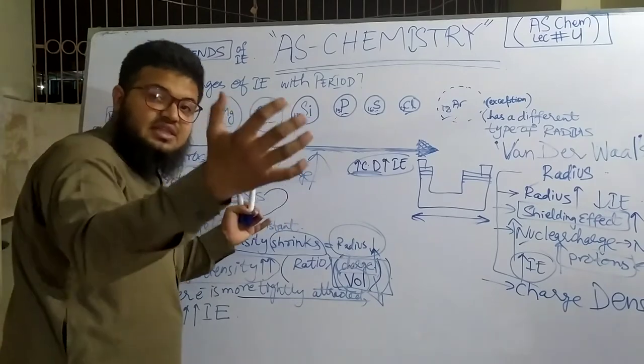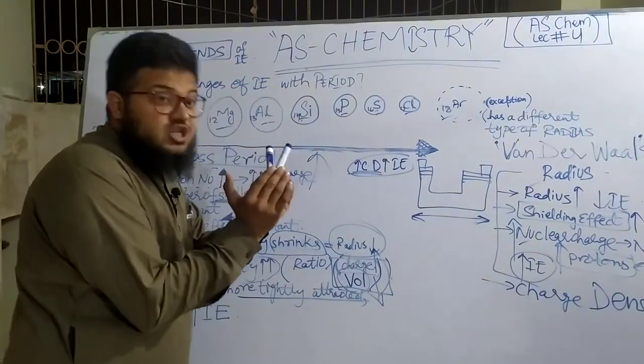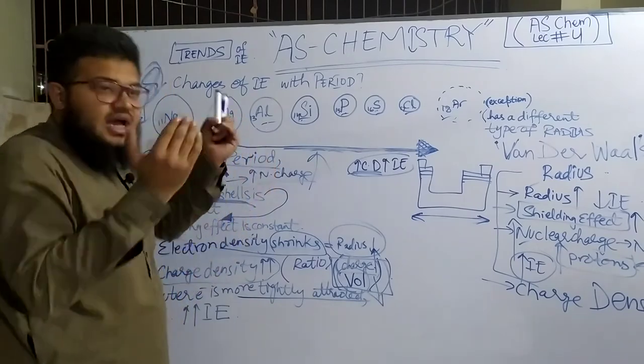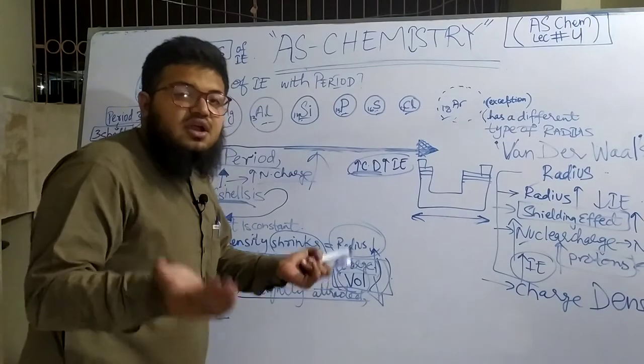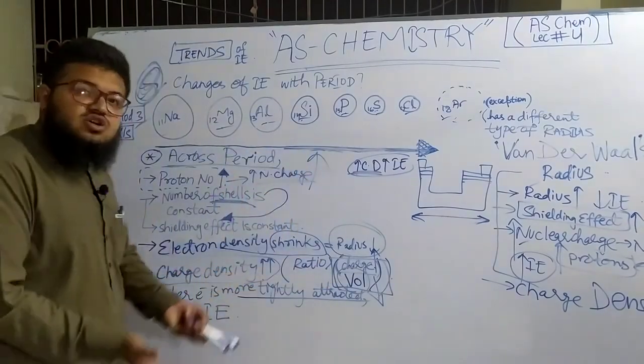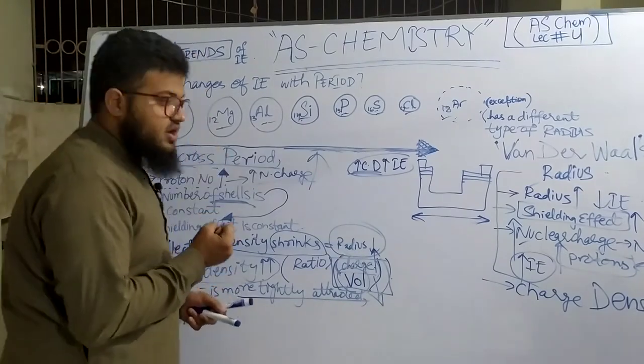This also causes the outer electron to become closer to the nucleus. If the outer electron becomes closer to the nucleus, again it's going to experience a stronger attractive force. And then the charge density is also increasing. The charge density also attracts the outer electron.